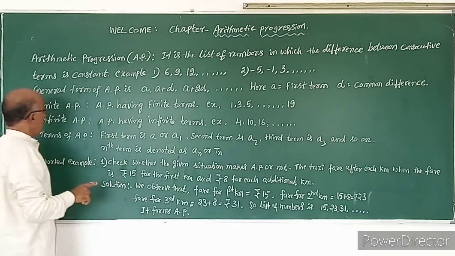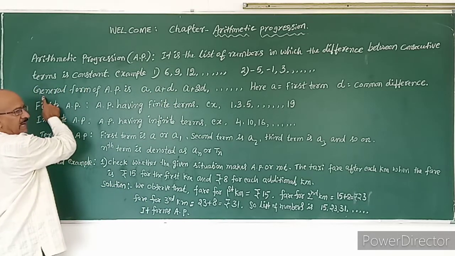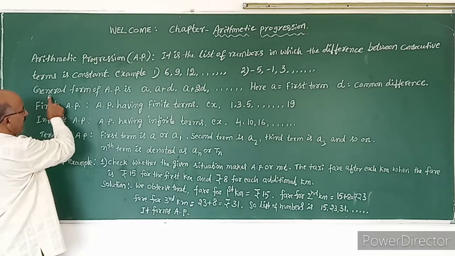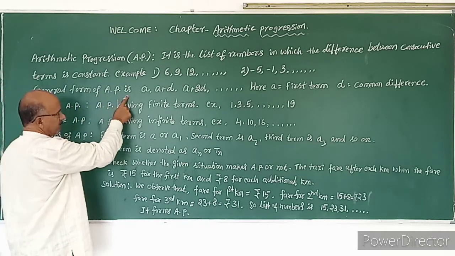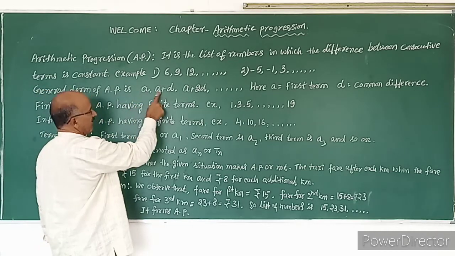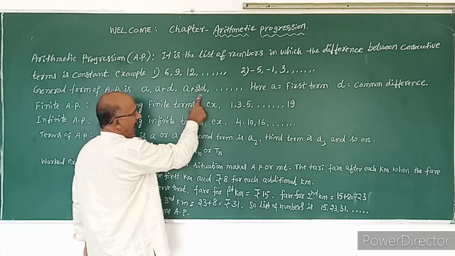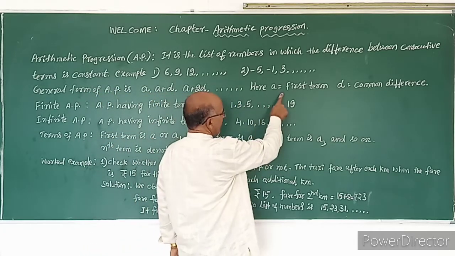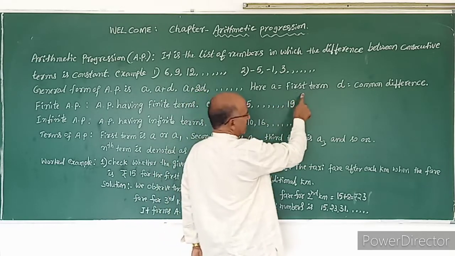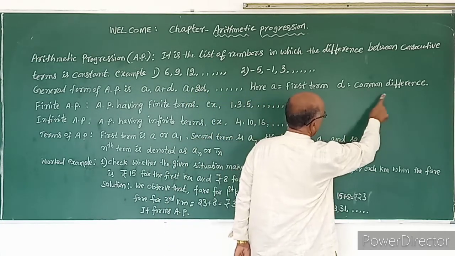In AP we can form the general terms, and the general form of an AP is A, A plus D, A plus 2D and so on. Here A equals first term, D equals common difference.